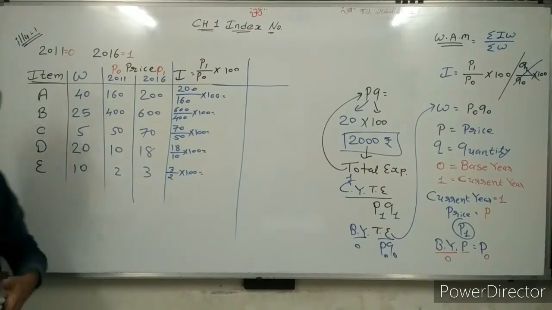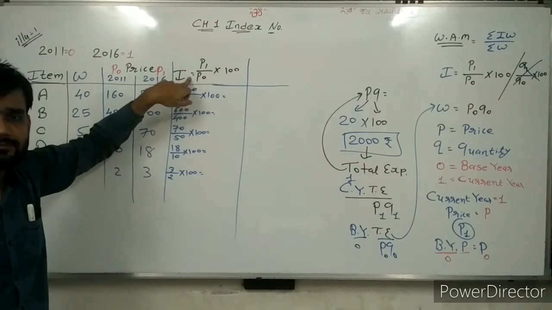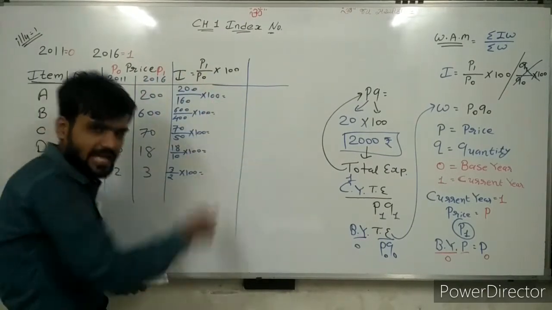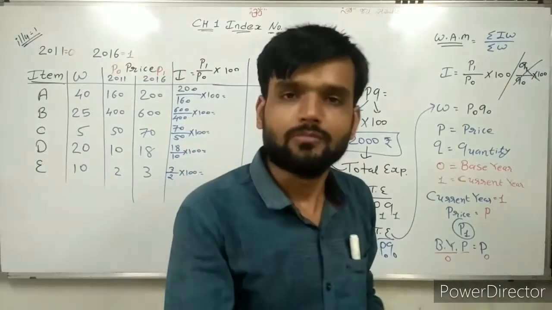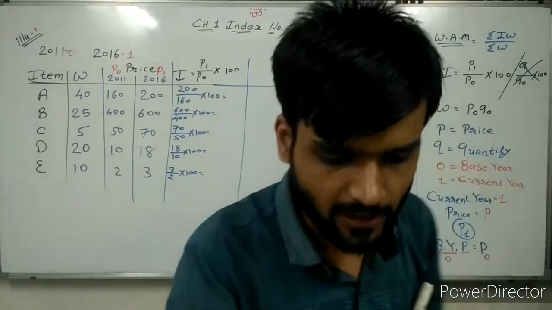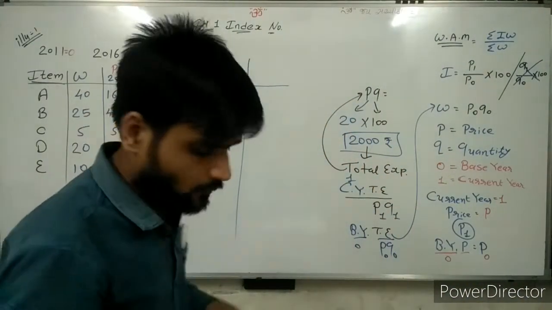So in this way, I am finding the value of I only. In the calculator, you can solve it. I am writing the answers directly from the text. So different values are given. First answer, 200 upon 160, that is 125.